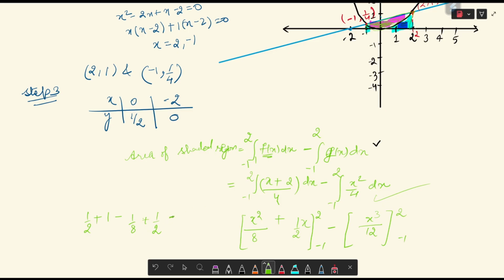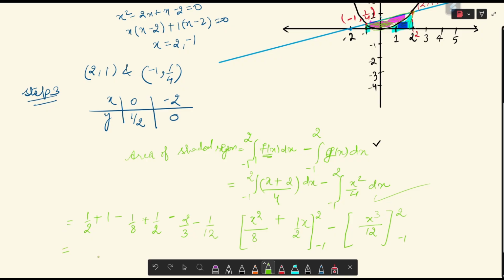Then we have minus, if we will put 2 here, so we'll have 2, 8 upon 12, it will be 2/3. So it will be minus and minus plus, and then -1 की power cube will give 1 minus, so it will have -1/12.